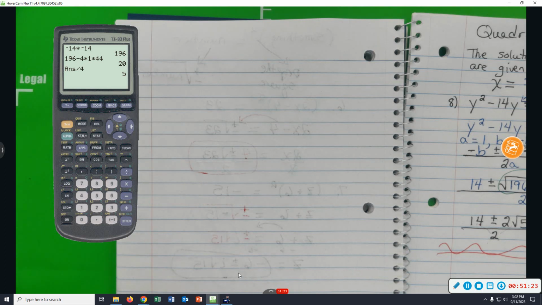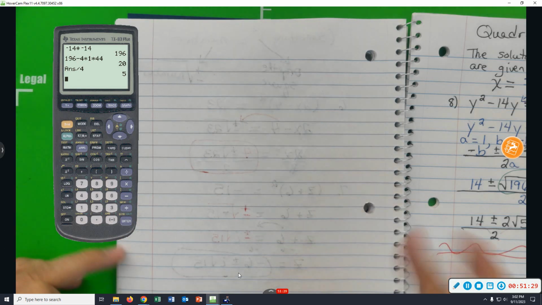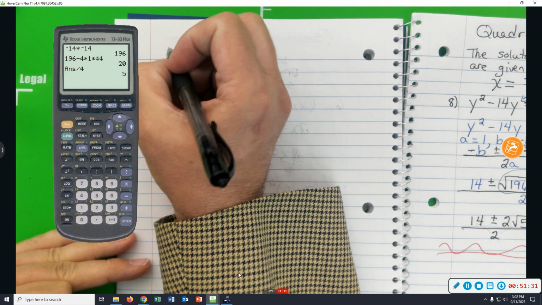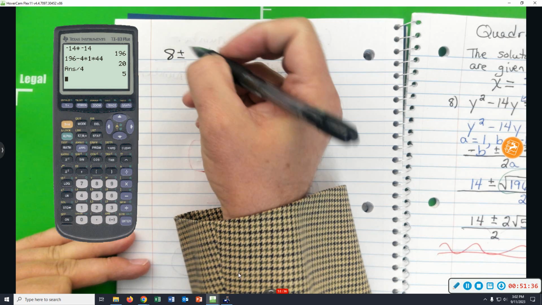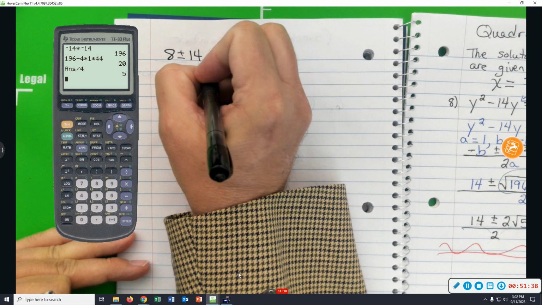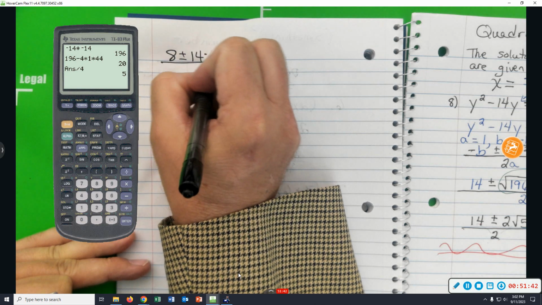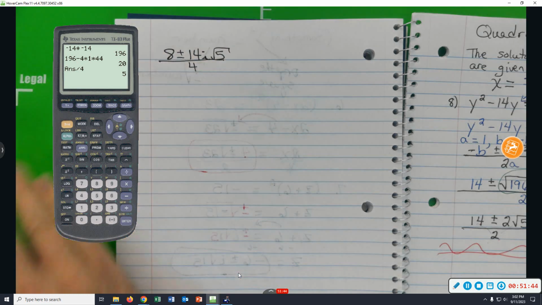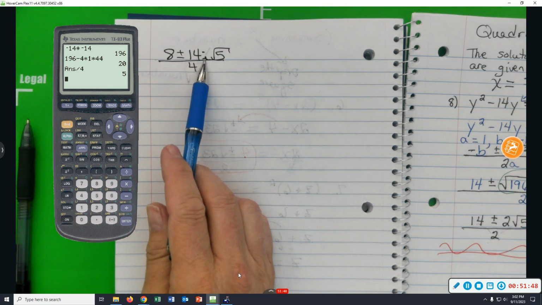Let's suppose you were using the quadratic formula and you came up with the following answer. It's a fraction, 8 plus or minus 14i square root of 5, all over 4. I want to compare it to this one, which has an i in it.